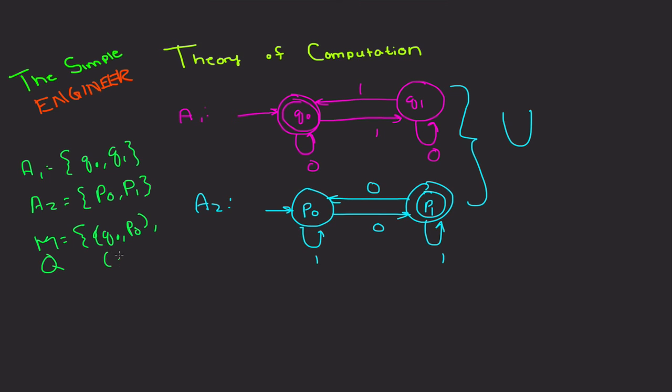We would have Q0, P1, Q1, P0, and we would have Q1, P1, right? So these are all the possible combinations of states that we could have for these two DFAs.